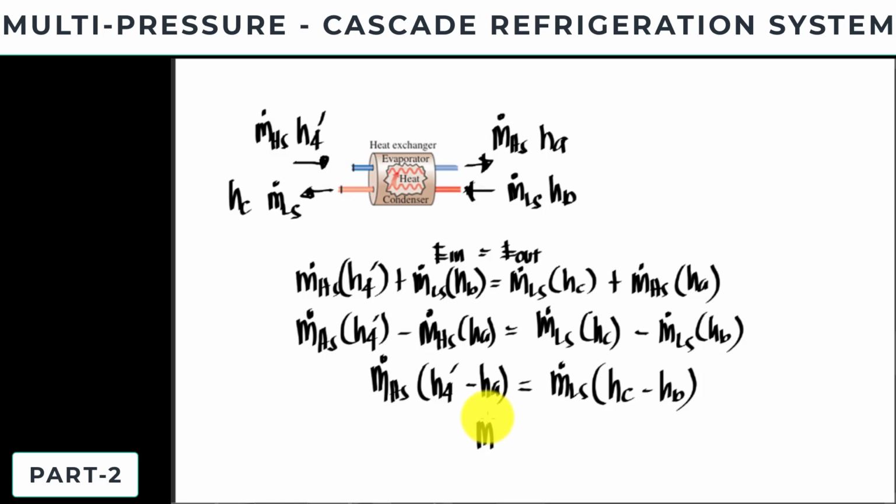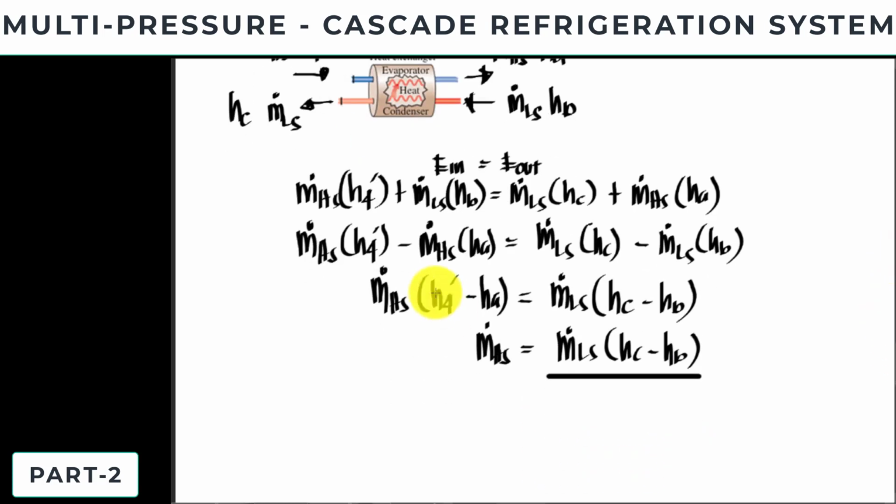So we can rewrite our equation. So high stage, that would be the mass flow rate at the low stage times the enthalpy C, enthalpy B, and this is all over, divided by enthalpy 4 prime minus my enthalpy A.